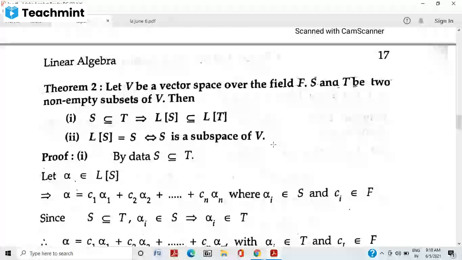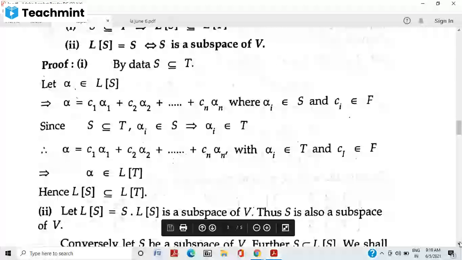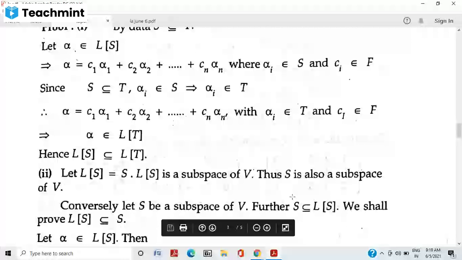Second, we assume that S is a subspace of V. Then we should prove L of S equal to S. But yesterday in theorem 1, we already proved that S is contained in L of S. Then we should prove one more condition, L of S is contained in S.